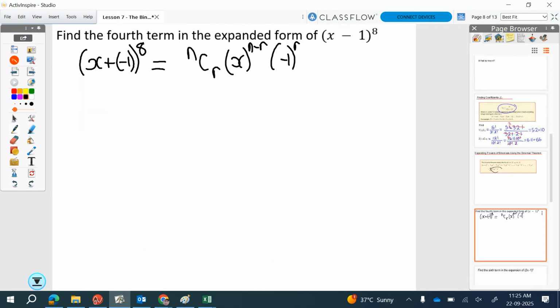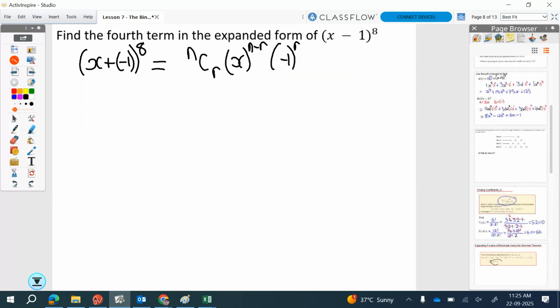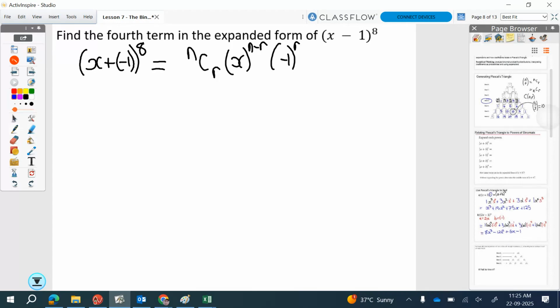So how do we solve the problem now? Well, we want the 4th term in the expansion. So is r going to be 3 or 4? 3. Why? Because we start at 0. To get the fourth term in the sequence, we want r equal to 3, because the first term is 0, the second term is r equals 1, and we always start counting at 0.